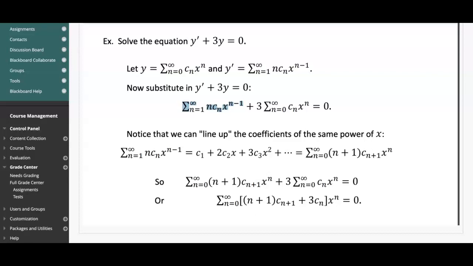If k equals n minus 1, what's n? n equals k plus 1. So you have to change the n inside the summation to k plus 1. Then cn becomes c(k+1). Then x raised to n minus 1 becomes x raised to k. Then you just change k back to n.